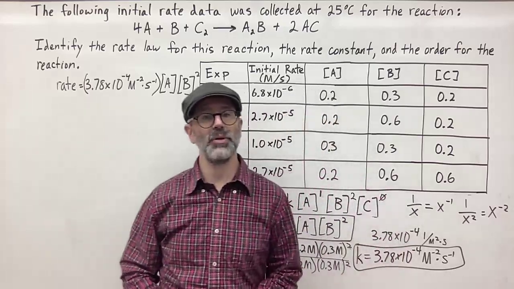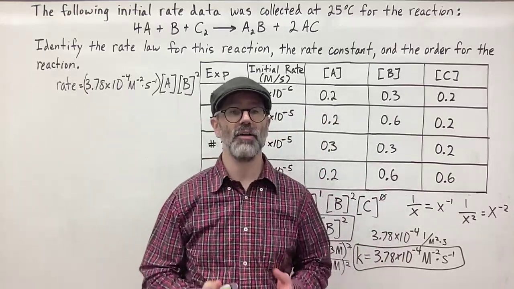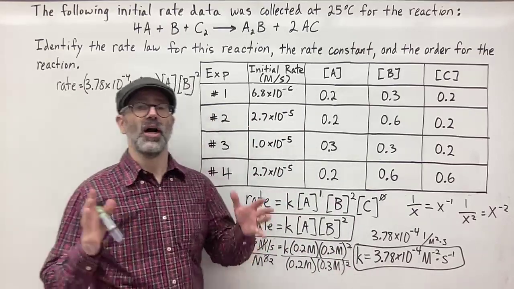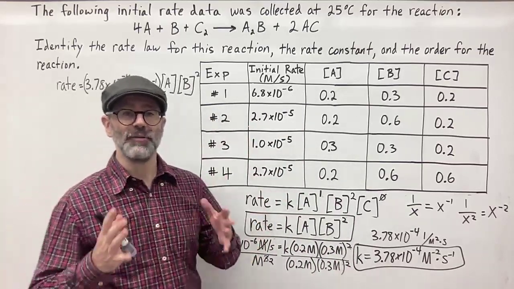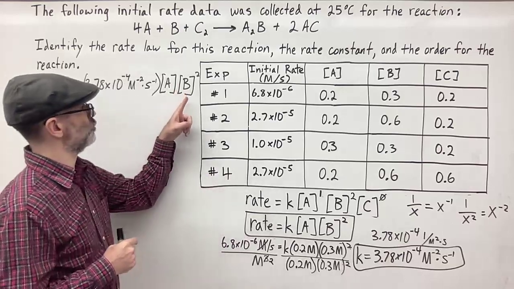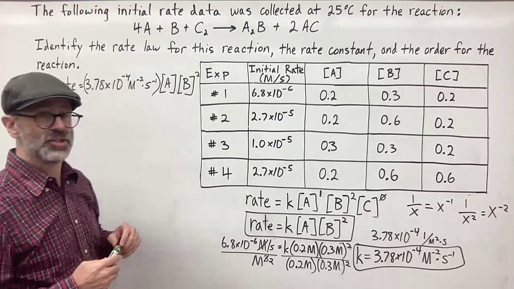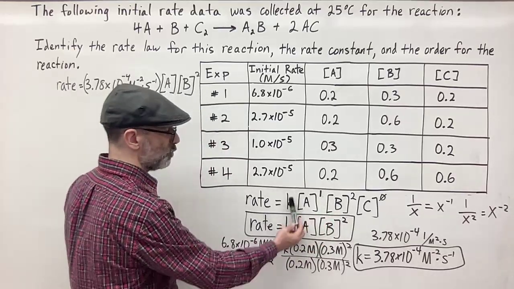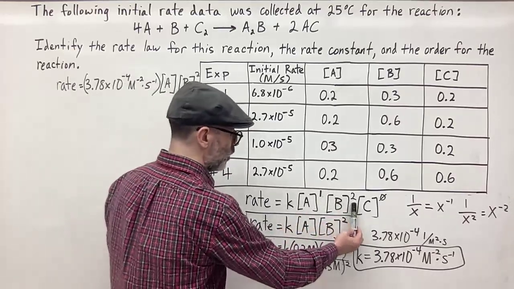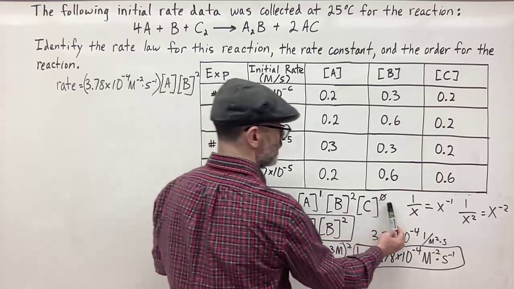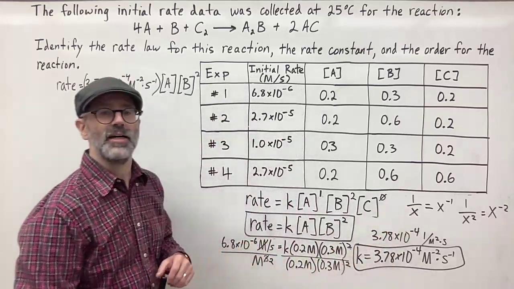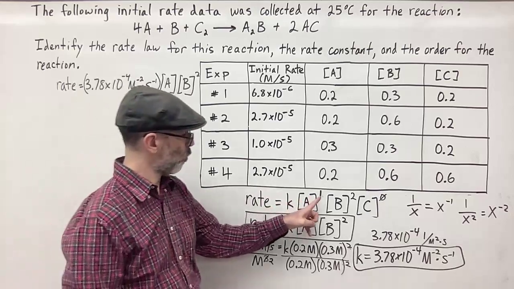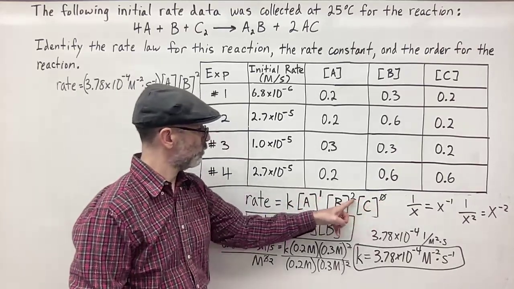Now, the last thing we need to identify is the order of the reaction. And the order of the reaction is the sum of the orders of the reaction with respect to the different substances, right? So here we found that it was first order with respect to A, second order with respect to B, zero order with respect to C. To find the overall order of the reaction, you add up the orders of the different reactants.